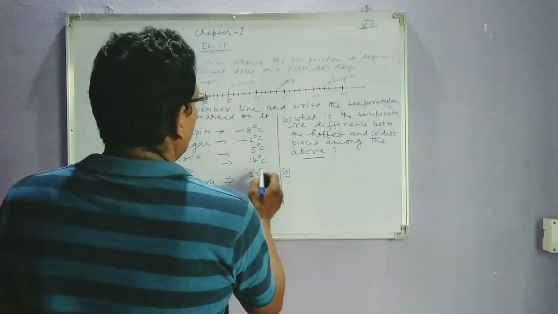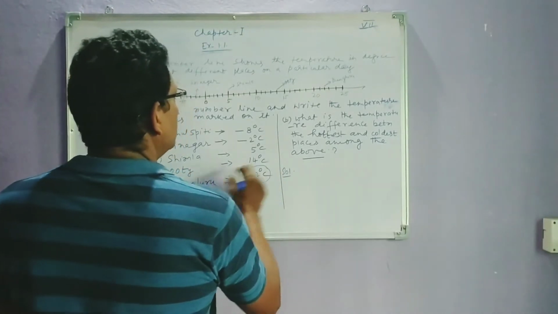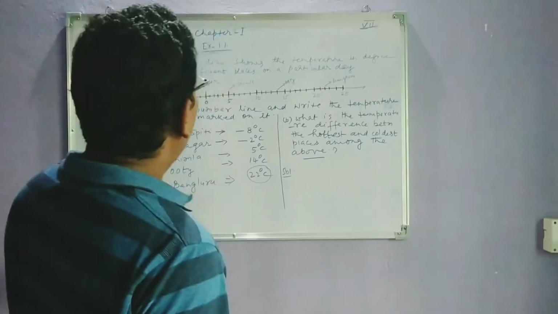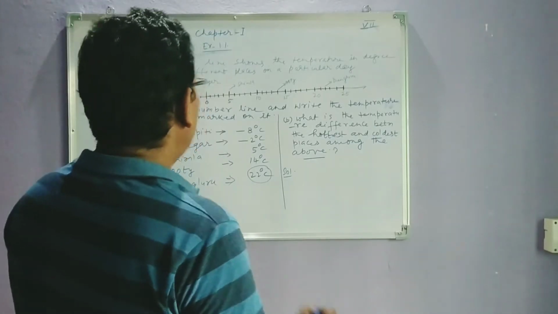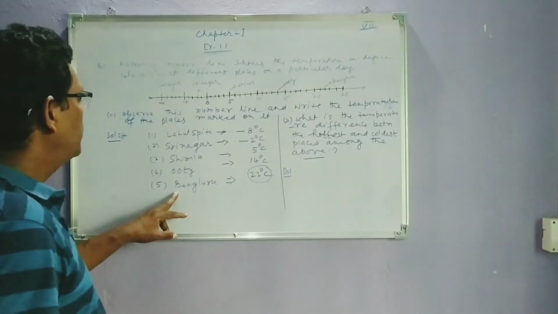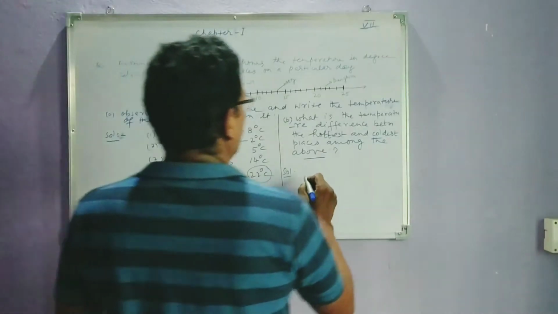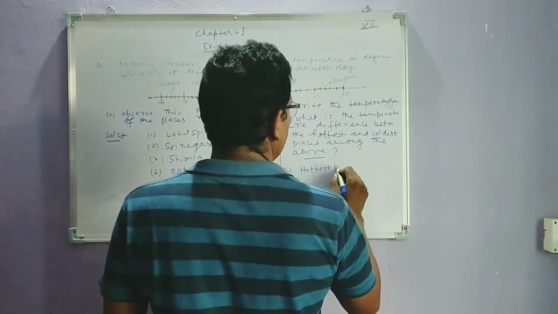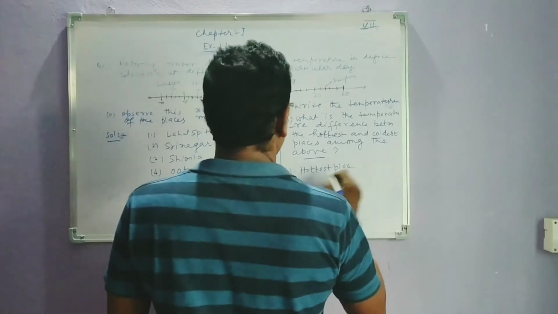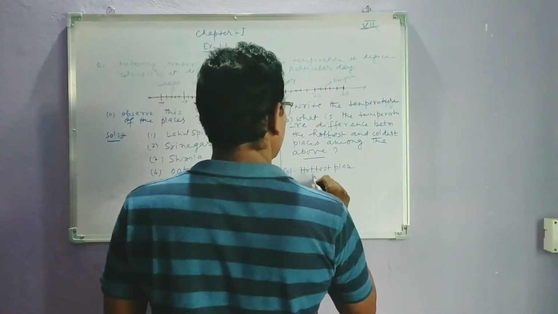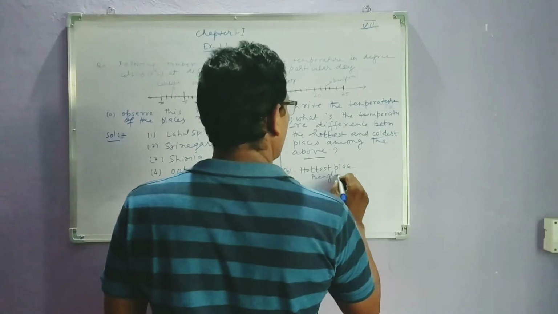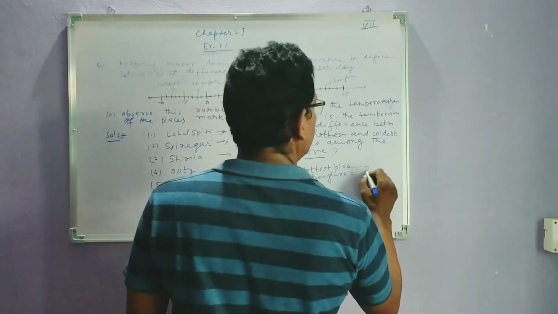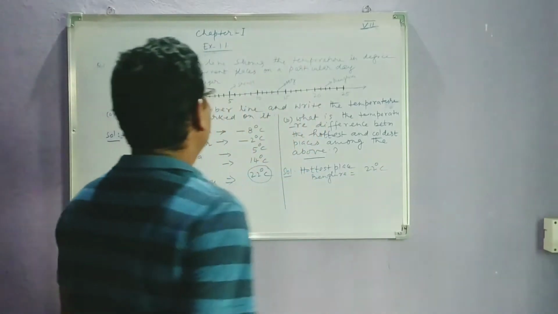So 22 degrees Celsius is the biggest number out of these numbers. So hottest place is Bangalore. It is 22 degrees Celsius.